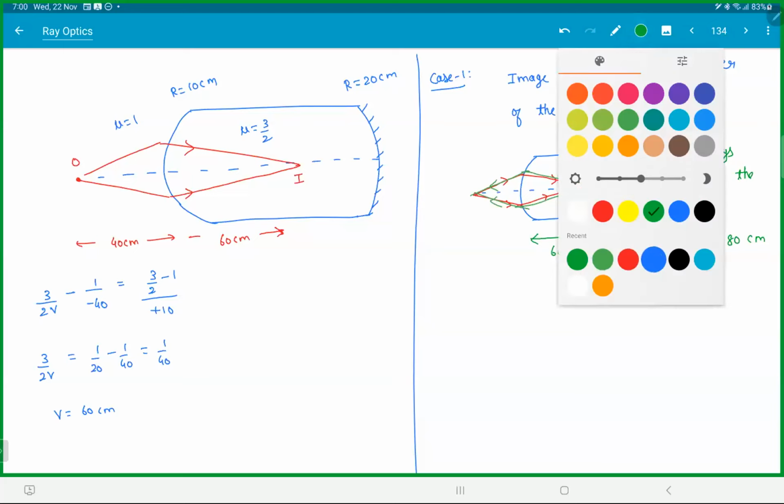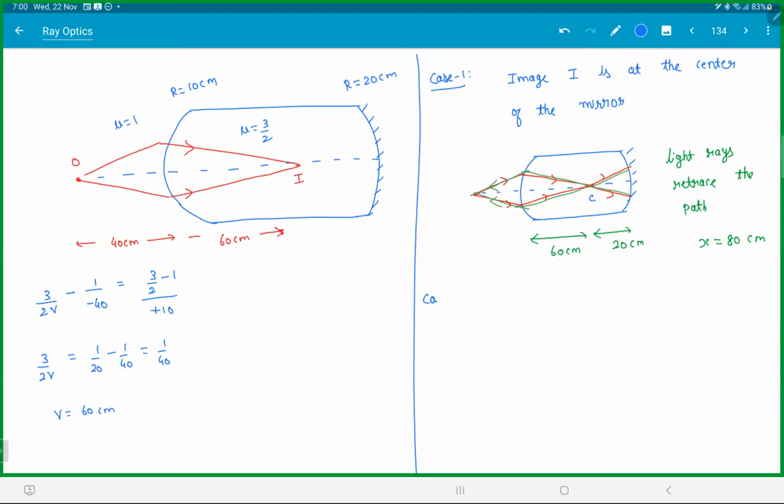You know what the second possibility is? Image I forms on the pole. This is a case where most people forget.